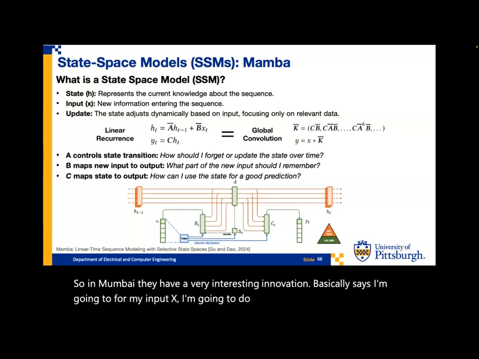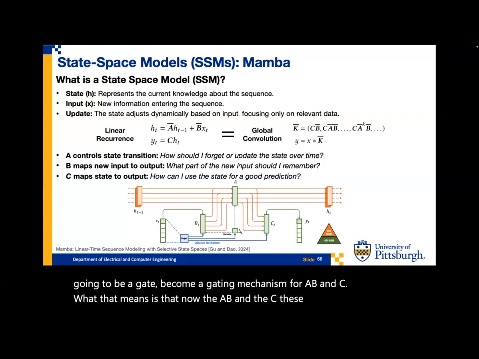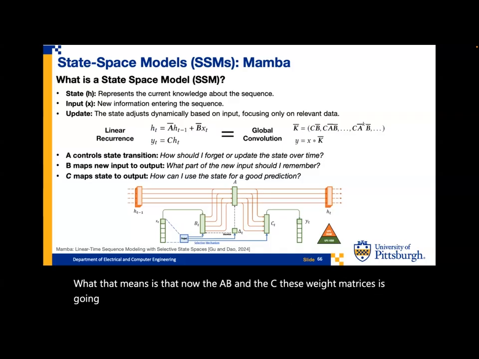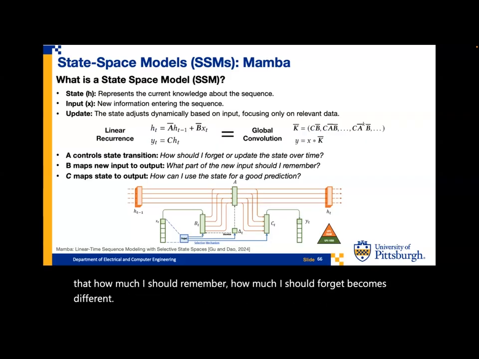And this projection becomes a gating mechanism for A, B, and C. What that means is that now these weight matrices A, B, and C are going to depend on the input. When the input is different, how much I should remember and how much I should forget becomes different. Does that make sense?